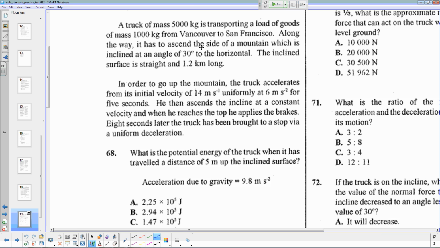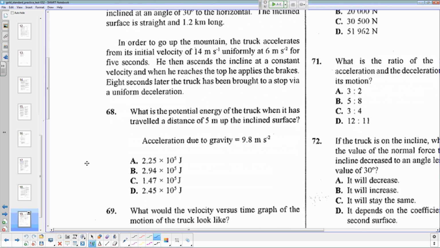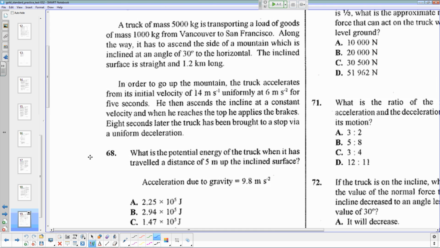All right. Let's try this one. So looking at number 68. I have a truck here. It's transporting a load of goods. Number 68.